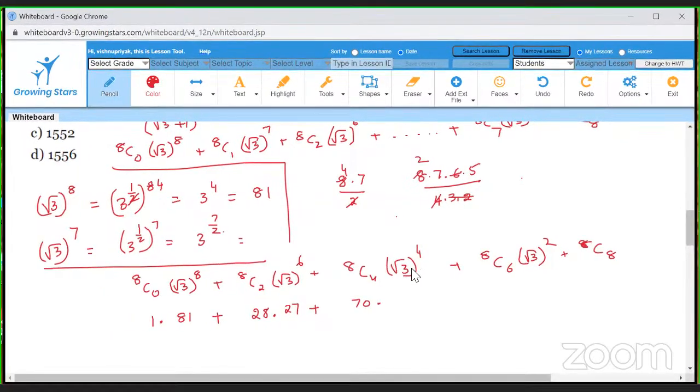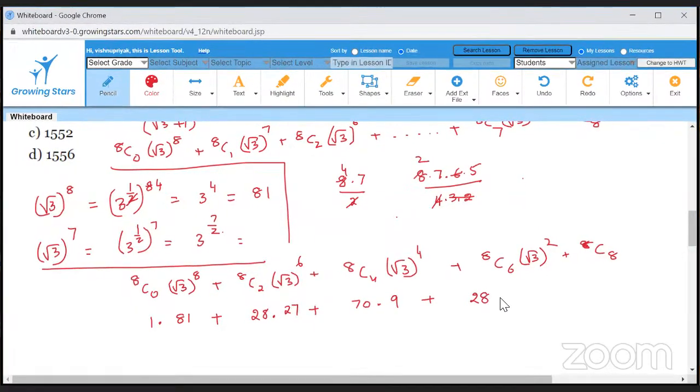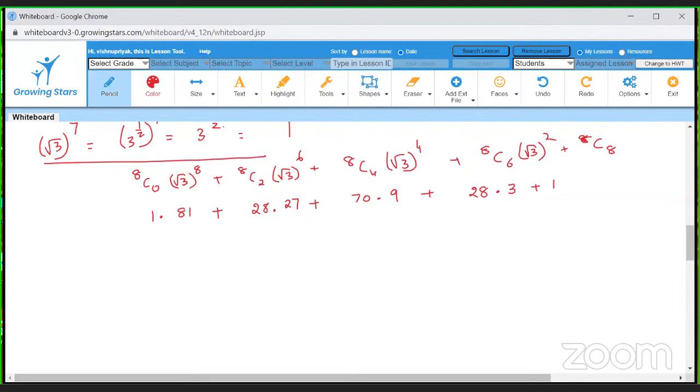And then you will have 3 square, that is 9. 8C6 is same as 8C2. Root 3 square will be 3. 8C8 will be 1. So these all you will have. Total how many terms? 5 terms.